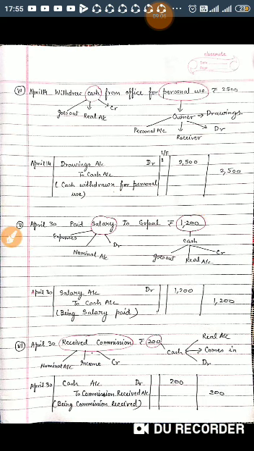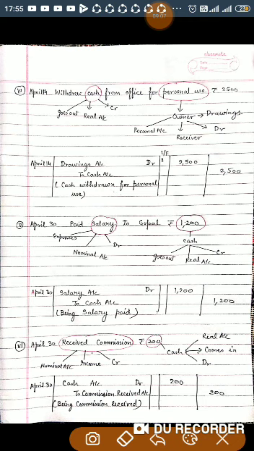Last transaction, the sixth one, April 30, received commission of rupees 200. Received commission of 200, although cash is not mentioned, but definitely we are receiving commission in the form of cash. So we are assuming it's cash. Two accounts are involved, commission received as well as cash.